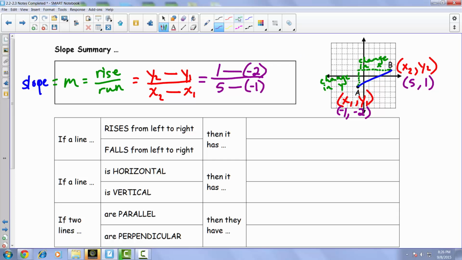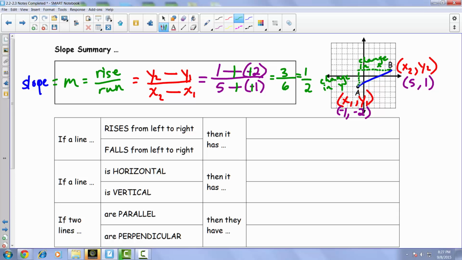Anytime you are subtracting by a negative like this, you're actually adding. So we really have 1 plus 2, which comes out to be 3. Likewise, we're subtracting by a negative here, so we add: 5 plus 1, which is 6. So 3 divided by 6 can be simplified down to 1/2. In other words, our slope between A and B is 1/2.